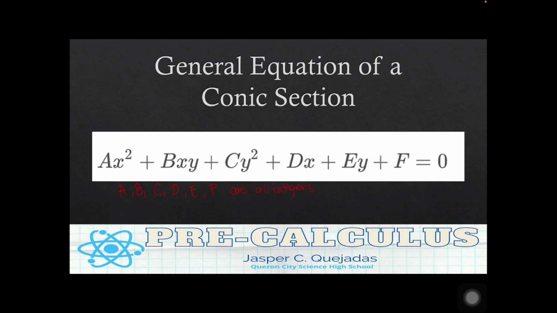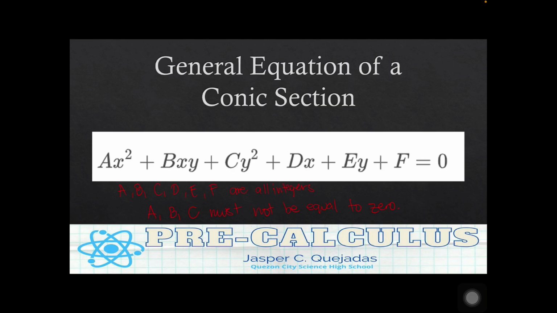And a, b, and c must not be equal to 0. So why can't a, b, and c be equal to 0?